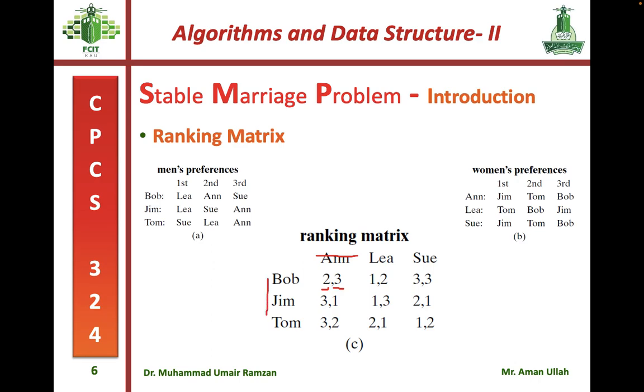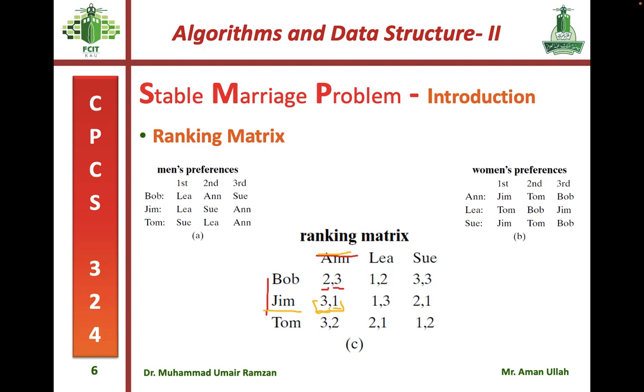In the matrix, in this figure, the pair 3 and 1, this pair, in Jim's row and Anne's column, denotes that Jim is Anne's first choice, while Anne is Jim's third choice.